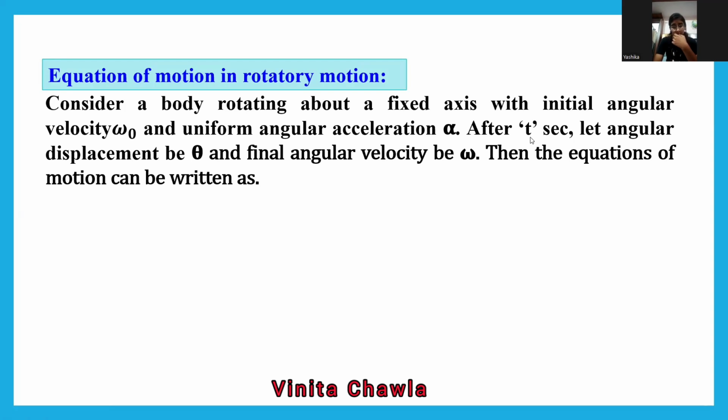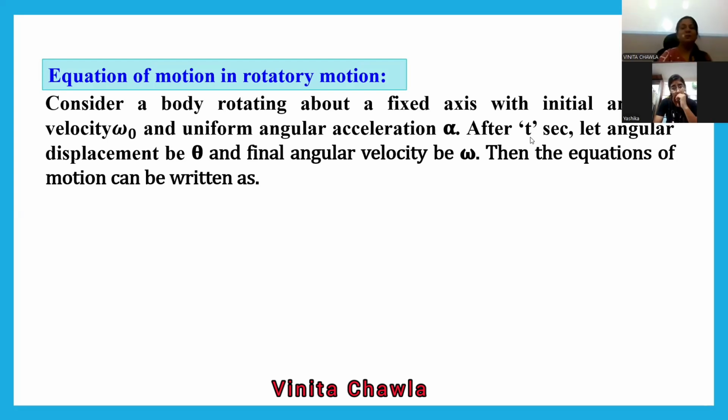Okay, just keep adding angular. So consider a body rotating about a fixed point with initial angular velocity omega naught and uniform angular acceleration alpha. After t seconds, let angular displacement be theta and final angular velocity be omega. Then equation of motion can be written as this. Omega is equal to omega naught plus alpha t.